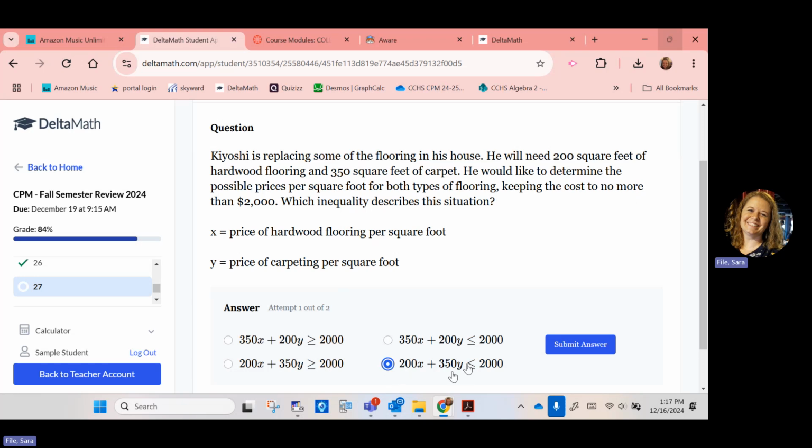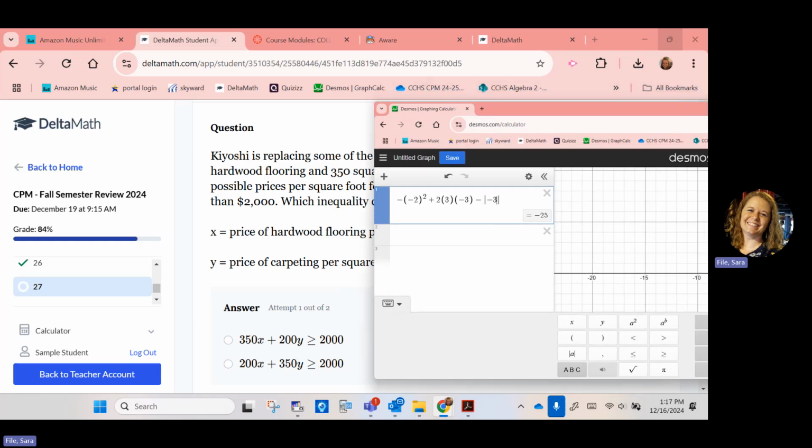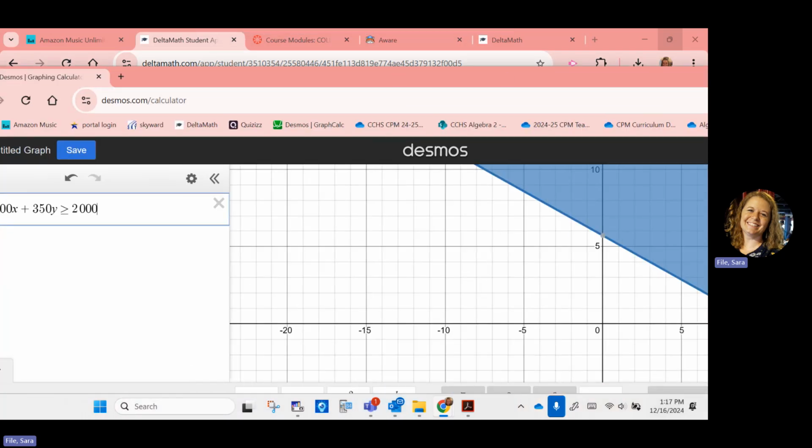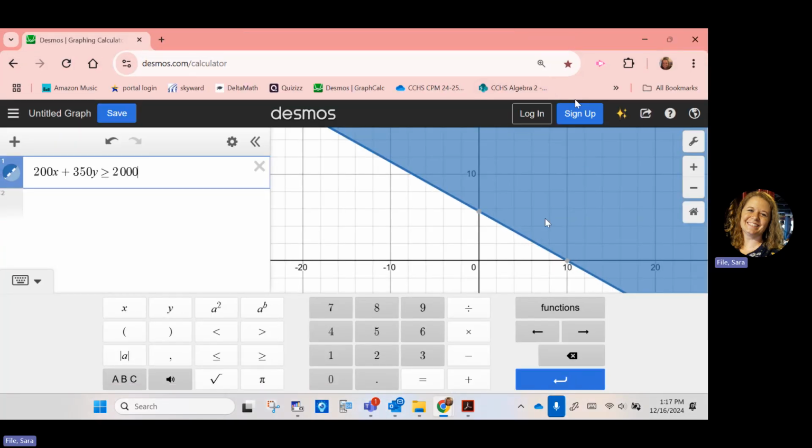If you struggle with your inequalities and knowing which sign means what direction, and you've narrowed it down to those 2, you could plug them in and get a visual and say, okay, this one says greater than or equal to 2,000. So you can see in the graph that it's shaded above. So that means the cost would be more.